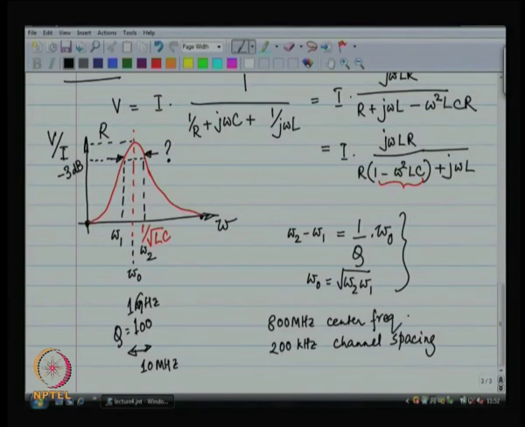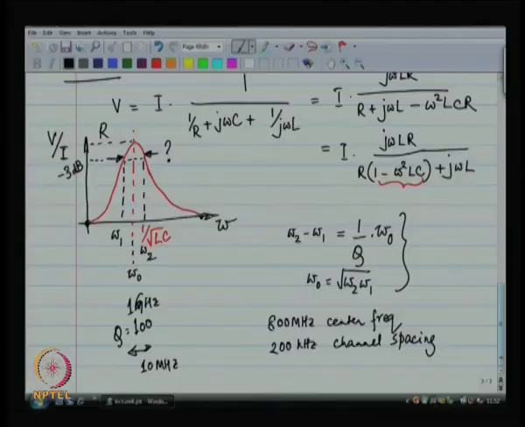All right. So, if you are asked to design a band pass filter, or a circuit that can resolve 200 kilohertz channel spacing at a center frequency of 800 megahertz, then what is the quality factor that you need?